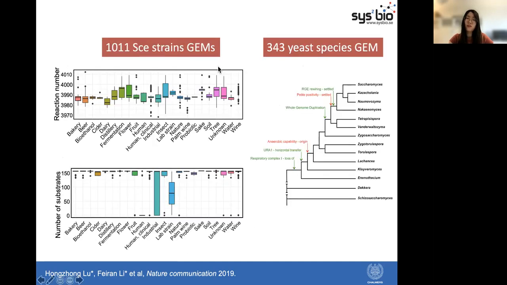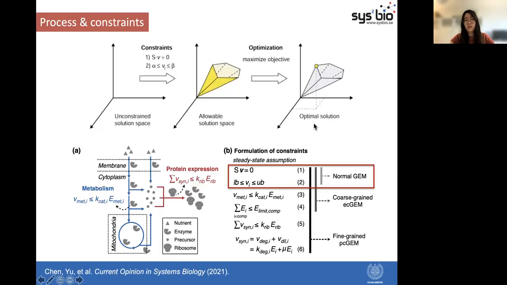After reconstruction of those models, we are able to tell the differences among the baking yeast strains from different origins. We can use the different yeast species models for evolution analysis. So far, I have told you all the development in the direction of species.